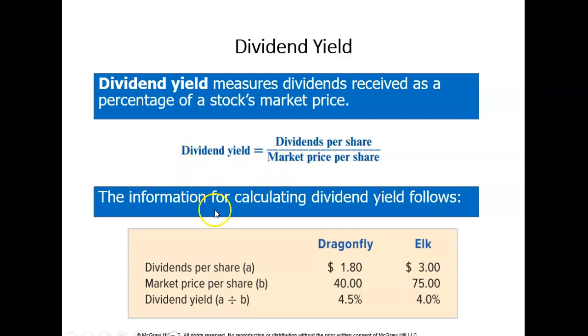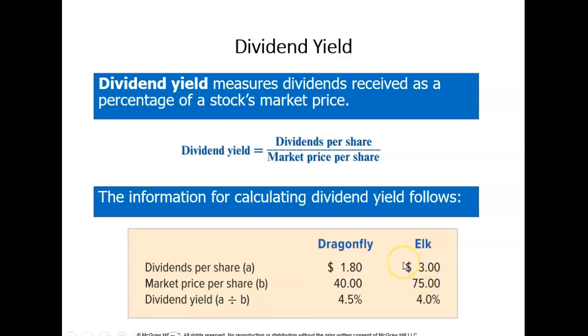But now we have two different companies, Dragonfly and the Elk Company, and they both offer dividends. And here the dividend price per share is $1.80 for Dragonfly. Market price per share is $40. The dividend yield is 4.5%.